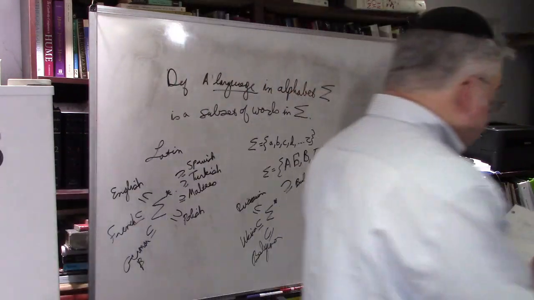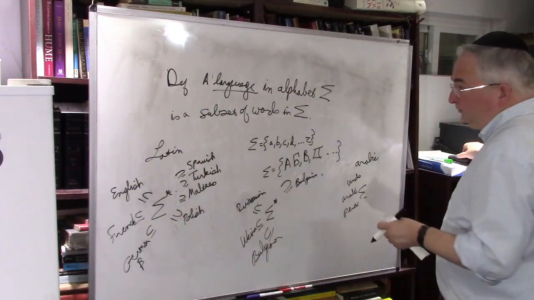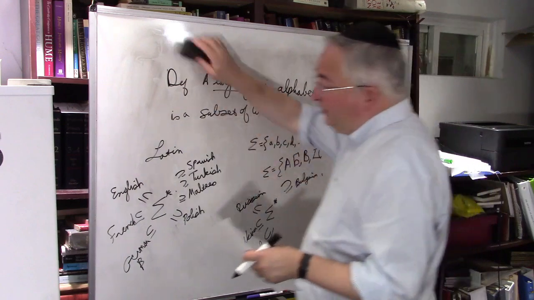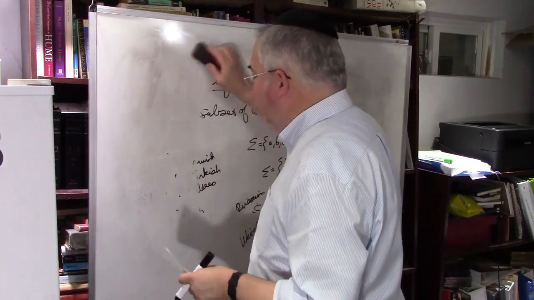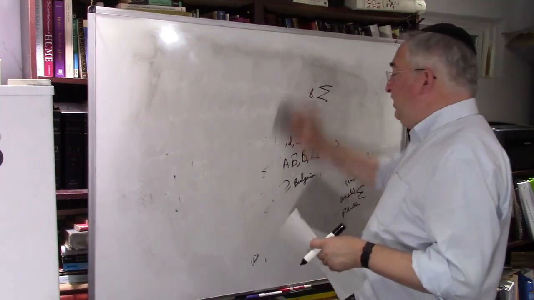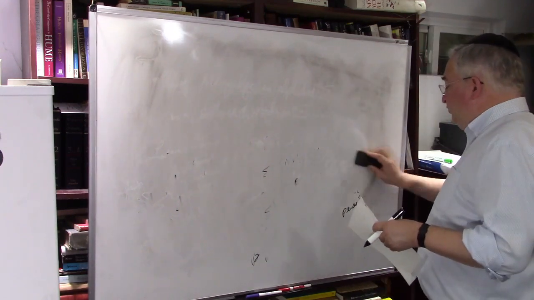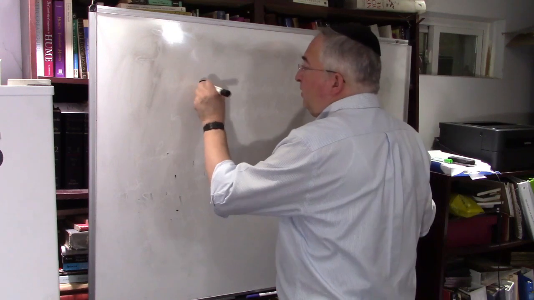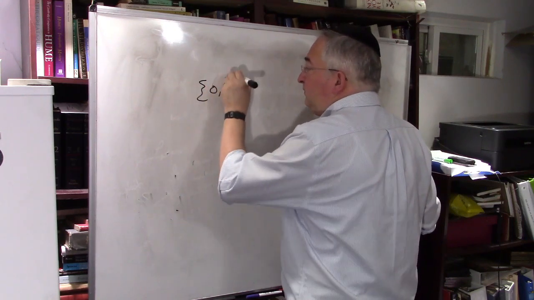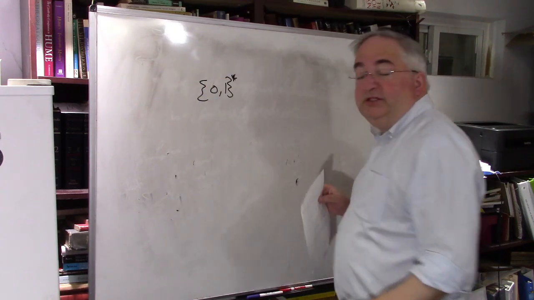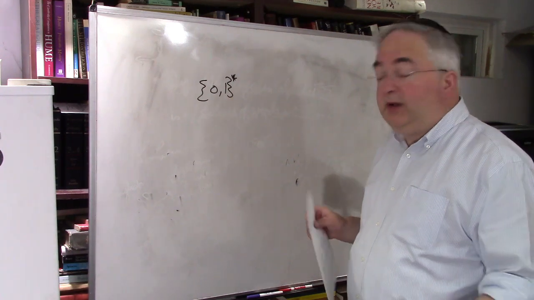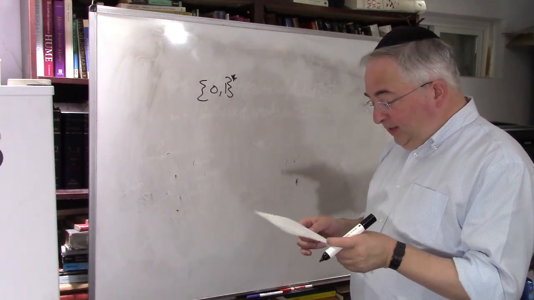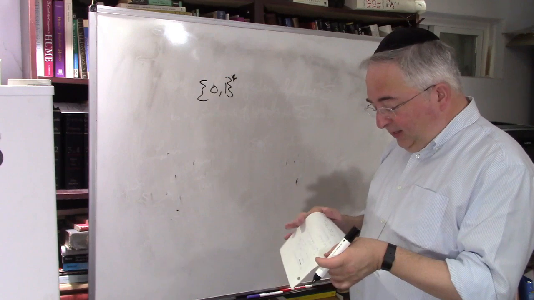So those are different examples. Of course, we're not interested in those things. This is not a linguistics class. We're more interested in this type of thing: subsets of zeros and ones. That's enough about that.